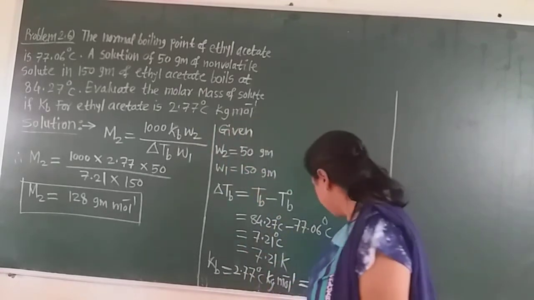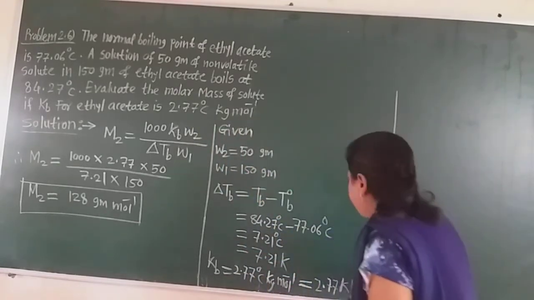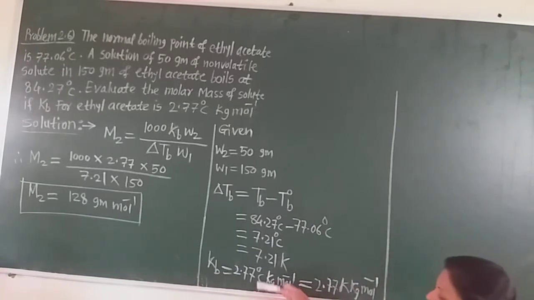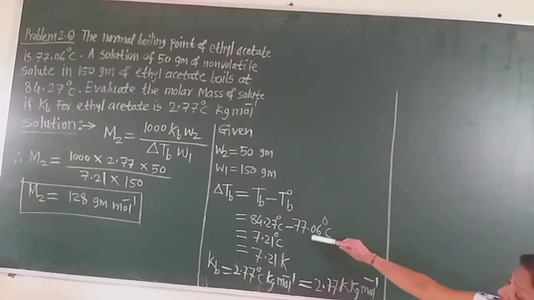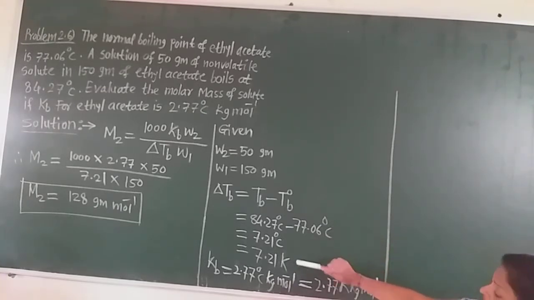So I take the value of Kb as 2.77 degree centigrade kilogram per mole, which is equal to 2.77 Kelvin kilogram per mole, because the elevation in boiling point will be taken in Kelvin. So convert this by just replacing degree centigrade with Kelvin.